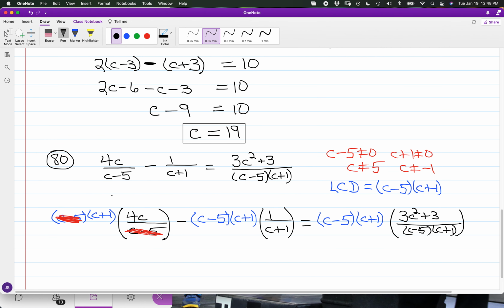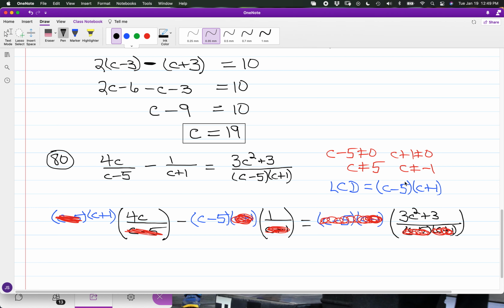So for the first ratio, multiplying by the least common denominator, c minus 5 will cancel out. For the next, c plus 1 is going to cancel out. And with the last ratio, both c minus 5 and c plus 1 are going to clear out.